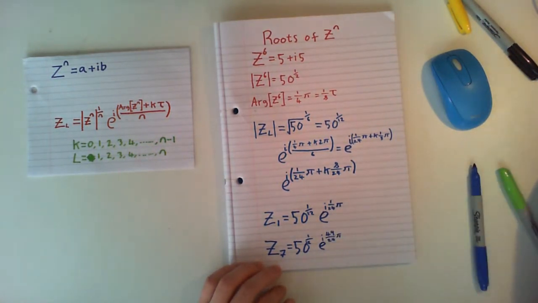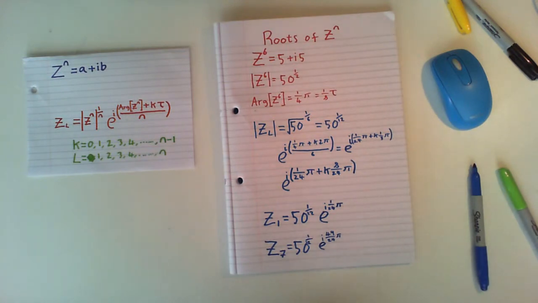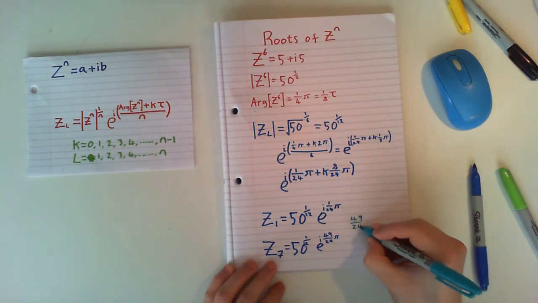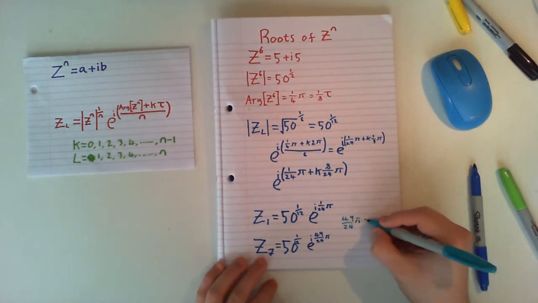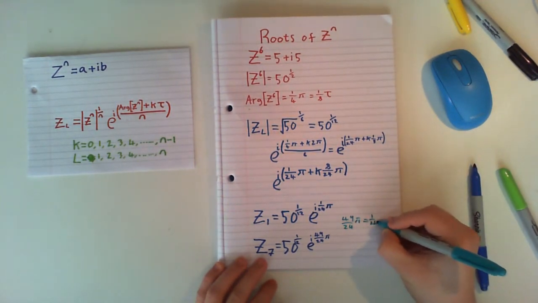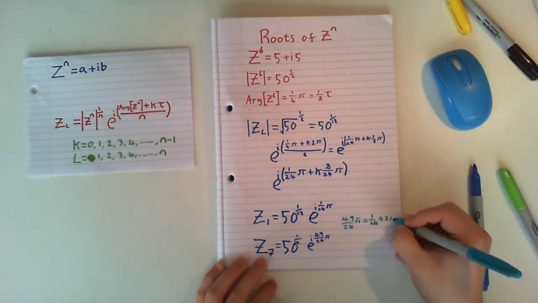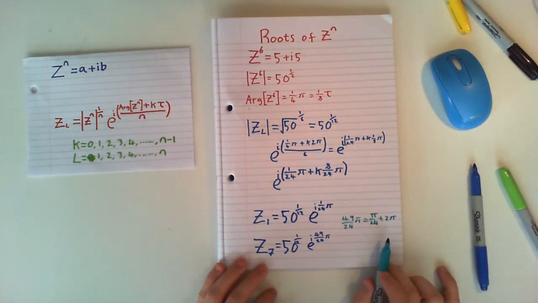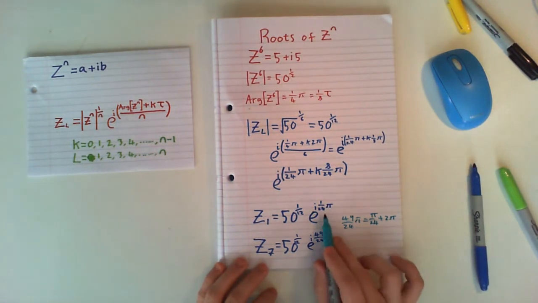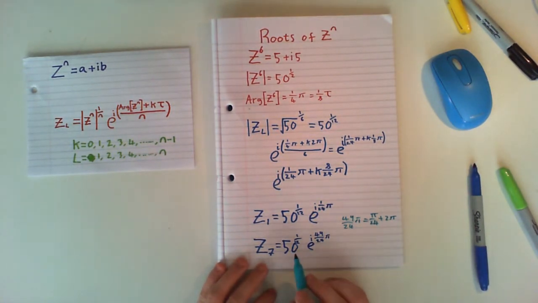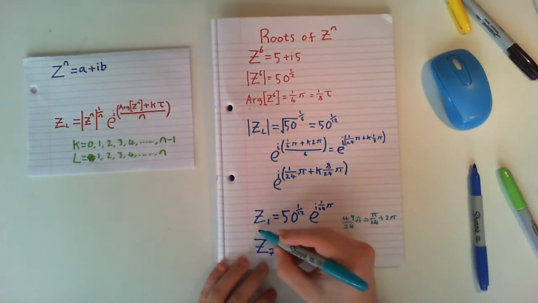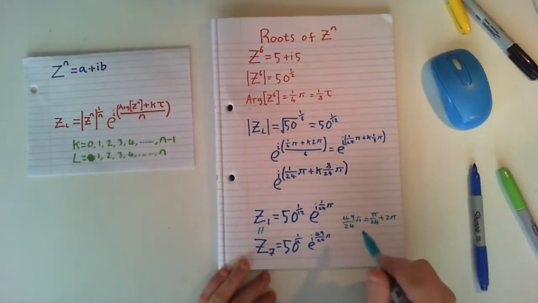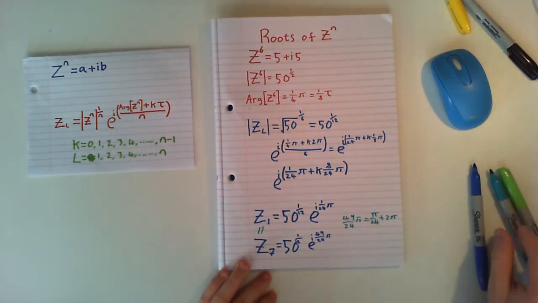Now if we just expand this little bit here, we see that 49 over 24 pi is actually equal to pi over 24 plus 2 pi, which is actually the same as 1 over 24 pi. So when you get to z to the 7, you see that z to the 7 is actually going to be equal to z to the 1 at that point. So you've just looped all the way around. And you'll see what I mean now.